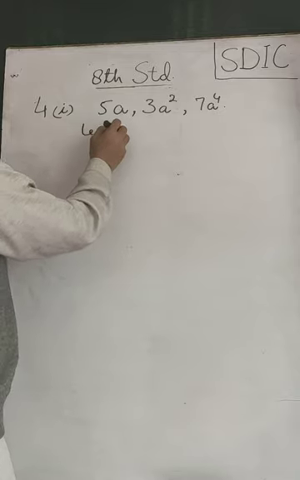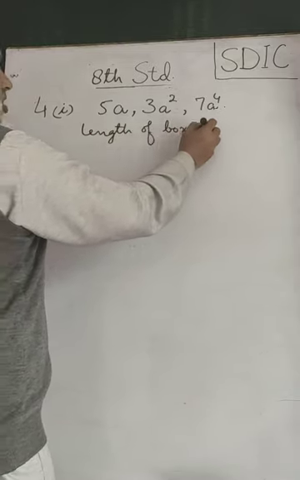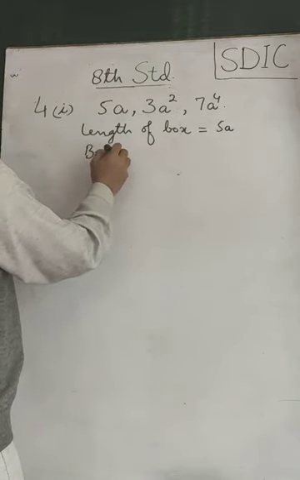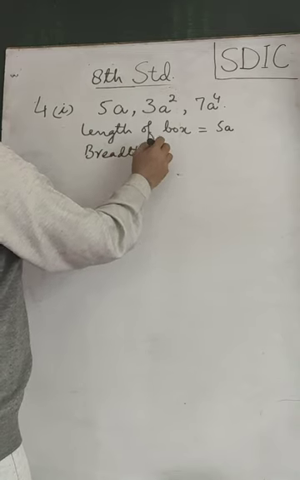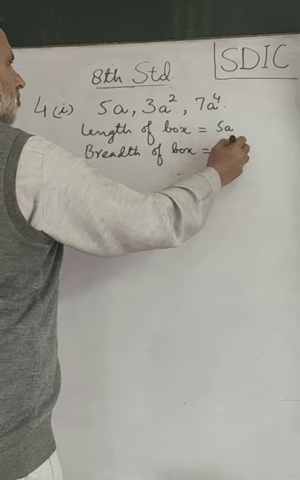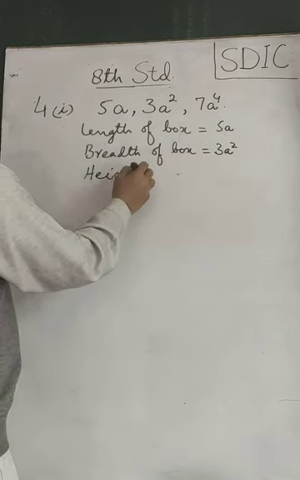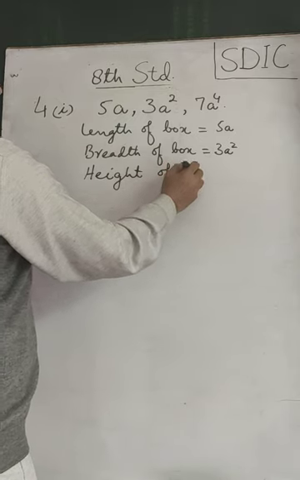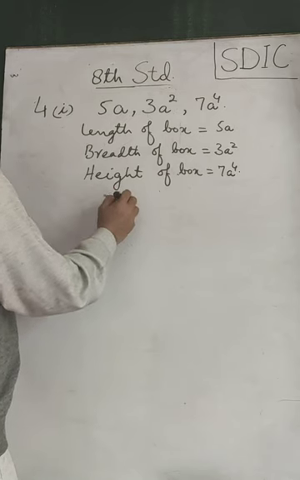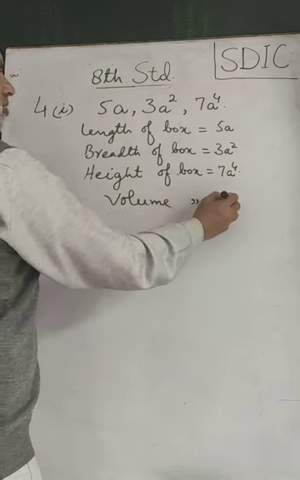So length of box is equal to 5a. Breadth of box is equal to 3a square. Height of box is 7a raised to power 4. Volume of box we have to find.